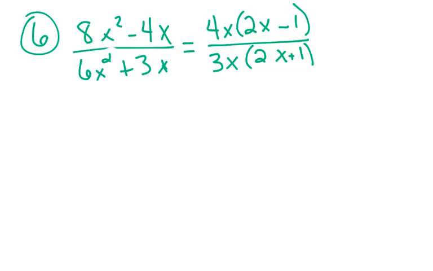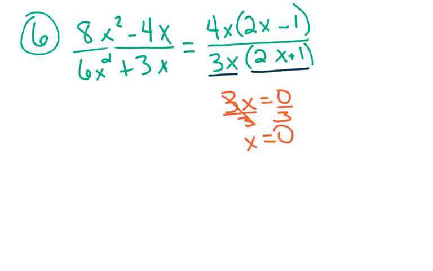All right, so here, if you notice, I have a 3x times a 2x plus 1. So I need to put both of those equal to 0. So 3x equals 0, divide both sides by 3, x can't equal 0.